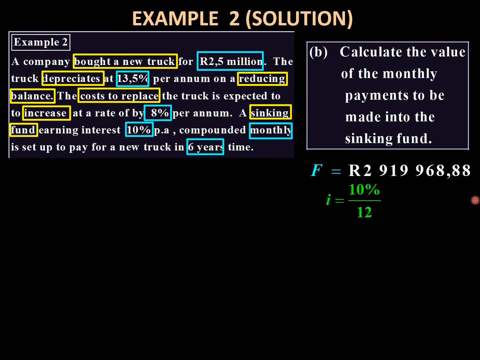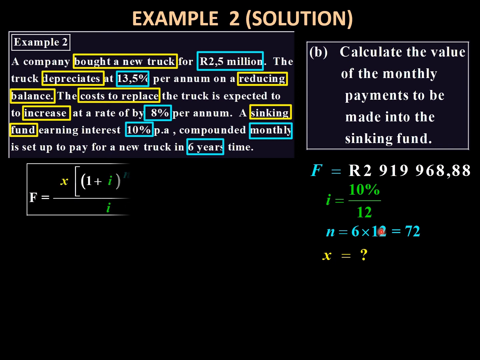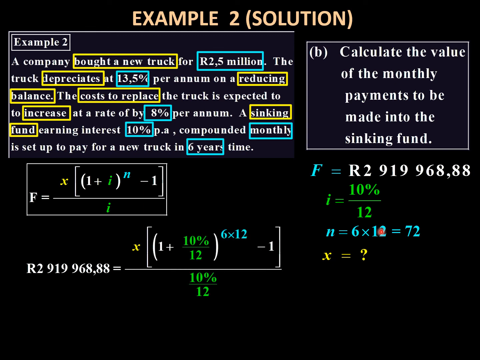Be careful that you do not use the wrong interest rate there. And we want to find the value of the payment, so that's X. There's my future value. Make sure it's the future, not the present value.